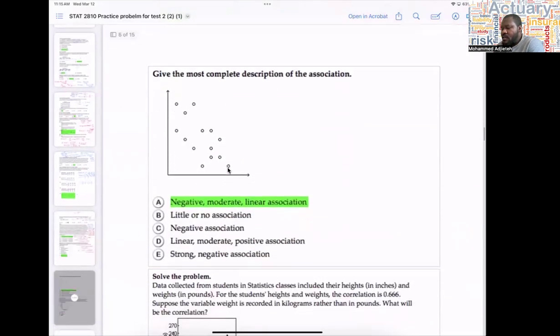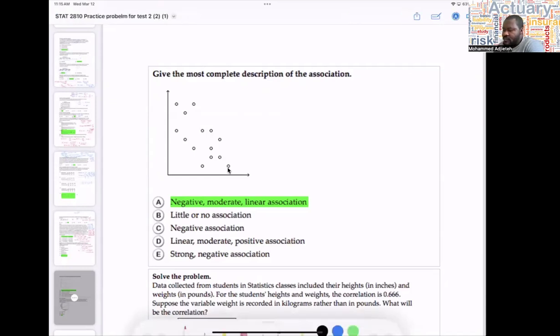Okay, now here we are told to give the most complete description of the association. So when we look at this one here, what can we see?